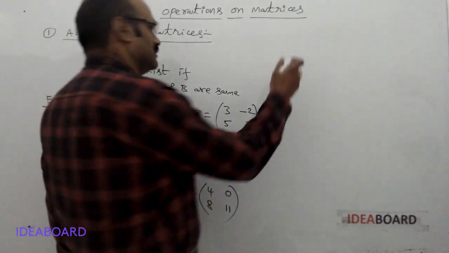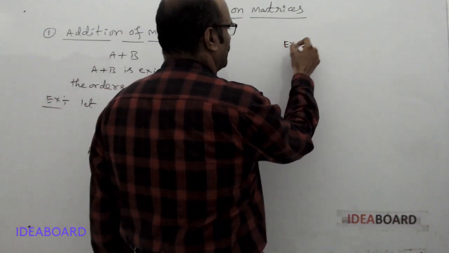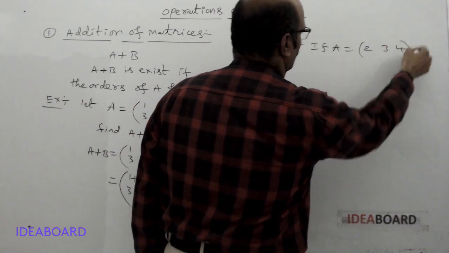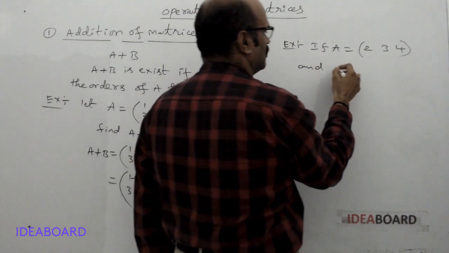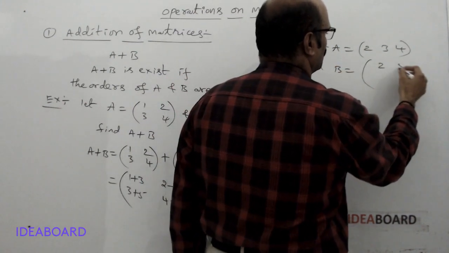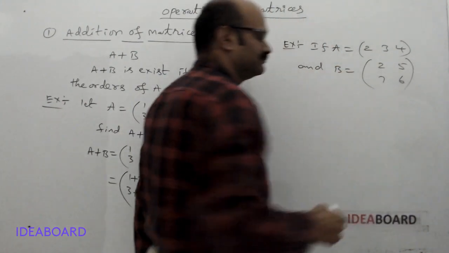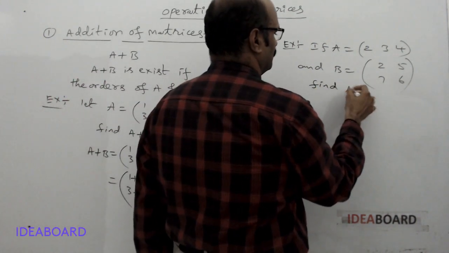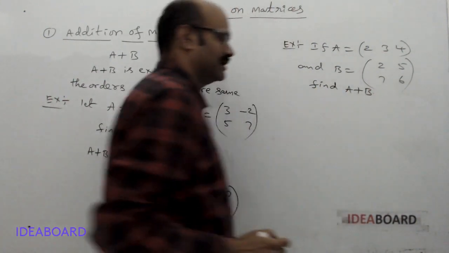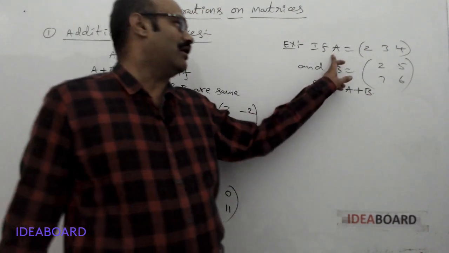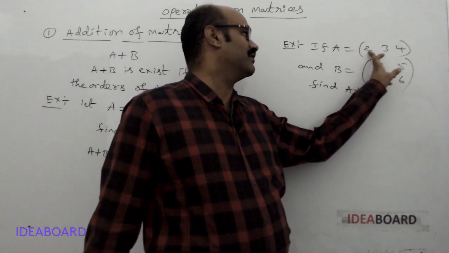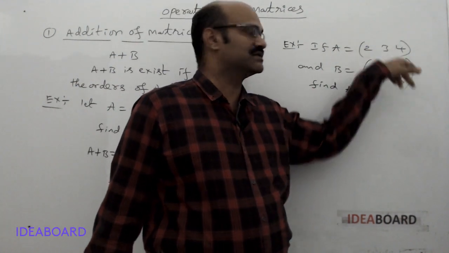Suppose if A equal to [1, 2, 3] and B equal to [2, 5; 7, 6], then find A plus B. Here order of A equal to, in the matrix A we are having only one row, three columns.